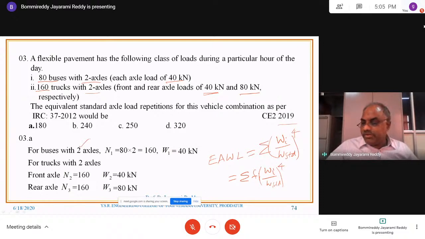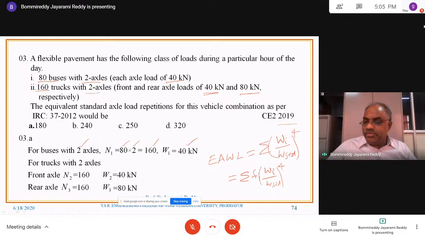For buses, 2 axles, and these 2 axles are of the same magnitude of loads. So total how many axles are there? 80 buses, 80 into 2, 160 axles. 160 axles, each axle is 40 kilonewtons.